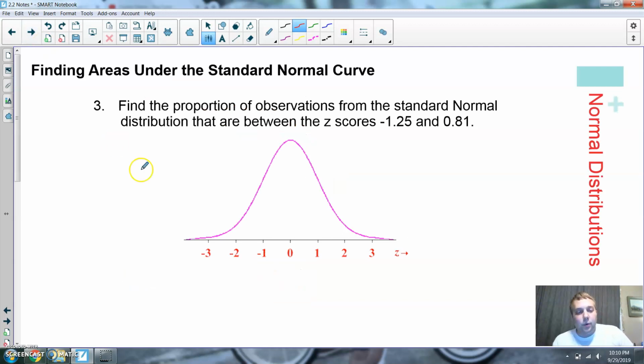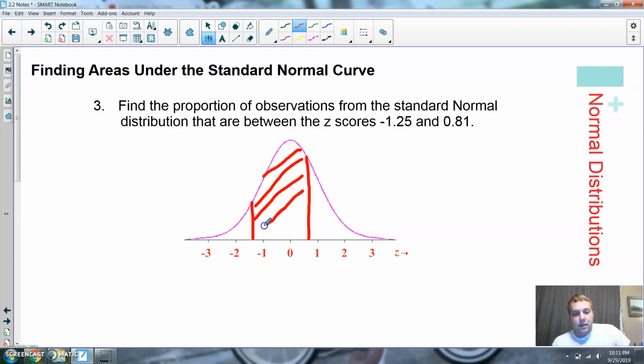All right, next one. Here's the next real tricky one, and then I think I'm going to leave it up to you guys. See how far you guys can go. Find the proportion between negative 1.25, so that's going to be right about there, and 0.81, which is about there. I want to find this area between here. So I want all of this.